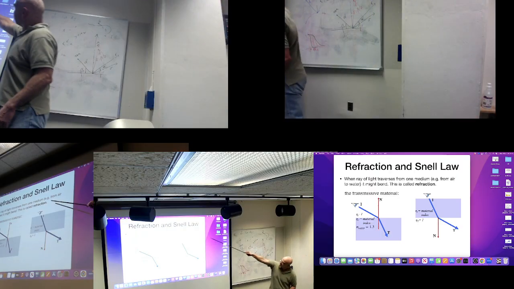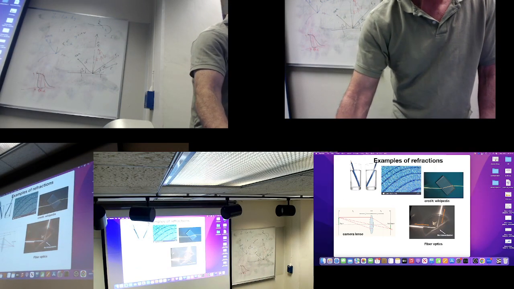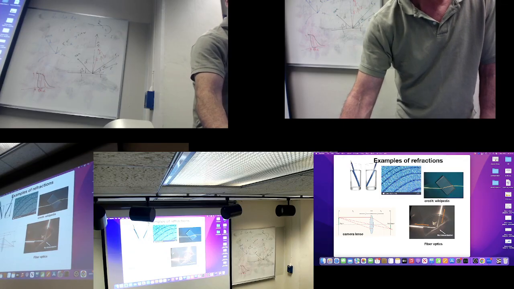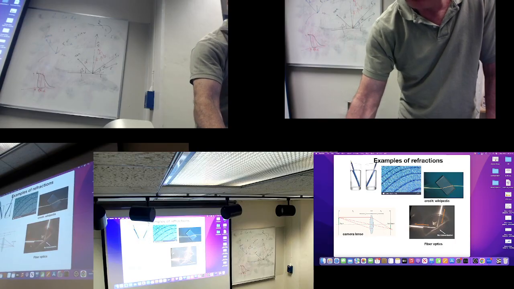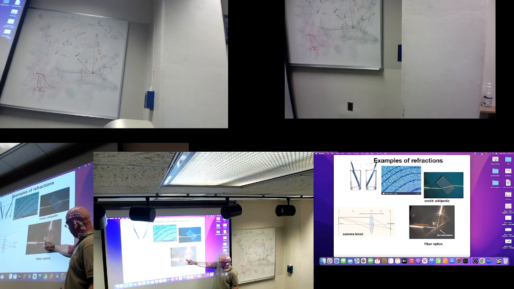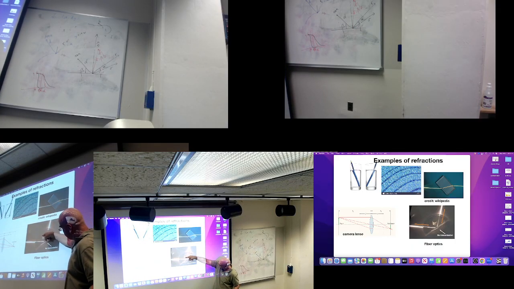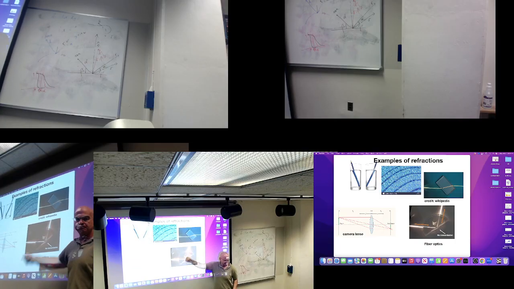So, refraction. Refraction in the pool, the straw that suddenly looks broken, the effect in the lens of the camera. Or sometimes the direction of the refraction is dramatic enough when it hits the boundary of this fiber material that the light actually doesn't leave the lens, and it bounces and stays in the lens.